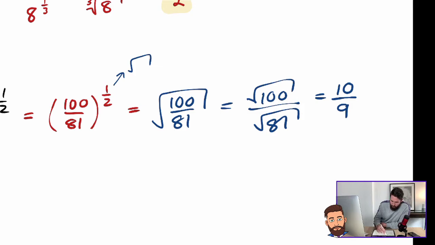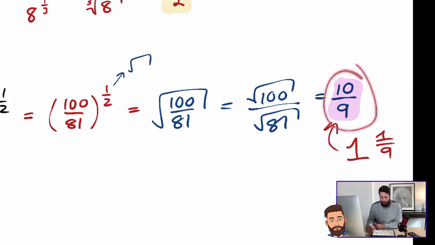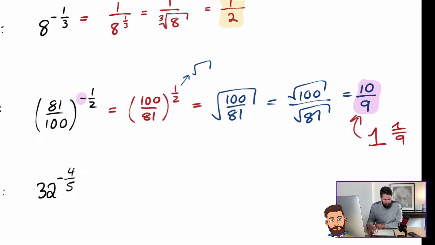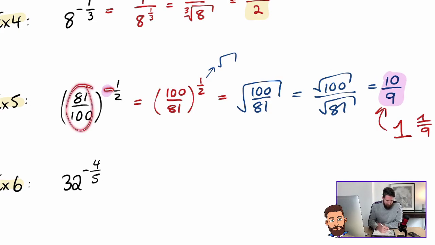You can leave your answer like this. You should notice that's top heavy, so if you really wanted to, you could change that to a mixed. You could say that is 1 whole and 1/9 left over, but both answers are correct. Okay, so the negative, you flip, reciprocal, you then raise it to the power without the minus.